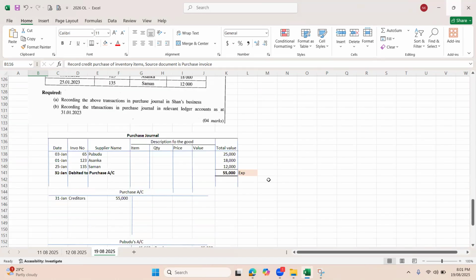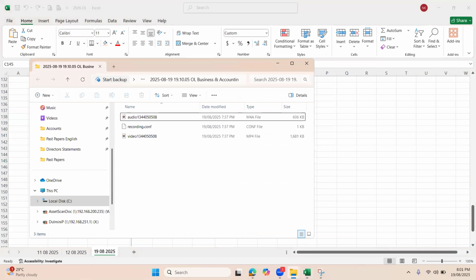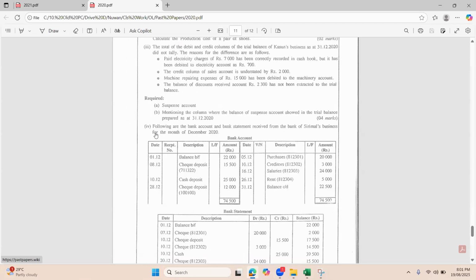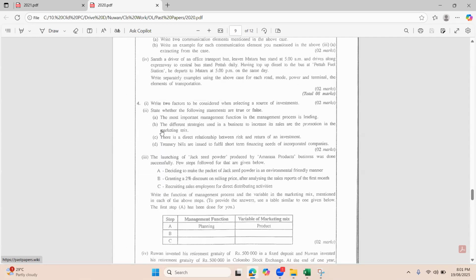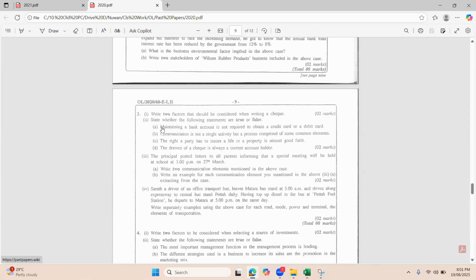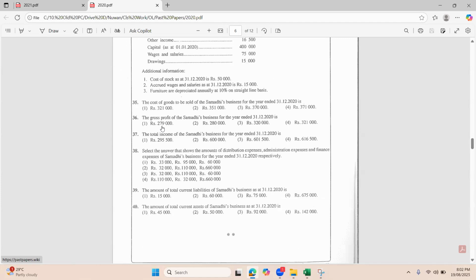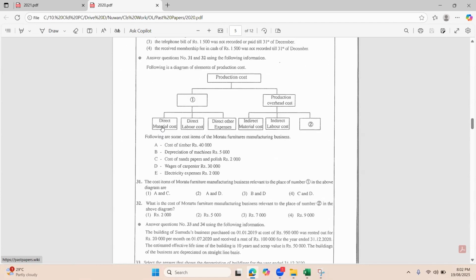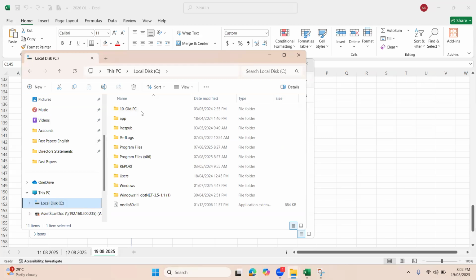The double entry related to credit purchase is purchase account debit, as an expense increases, and the relevant creditor will be credited. We'll do one more question here.